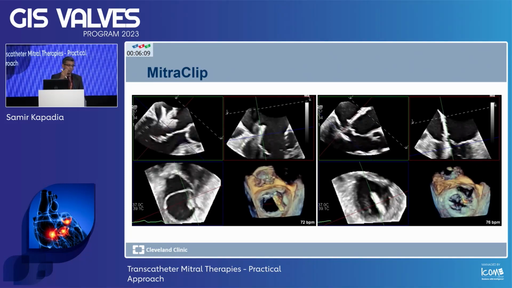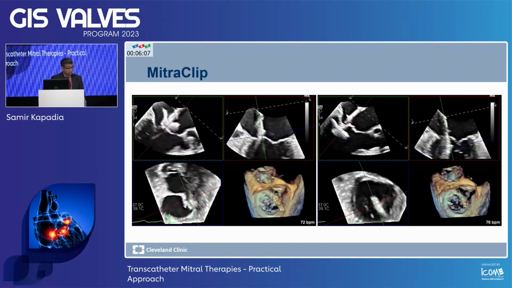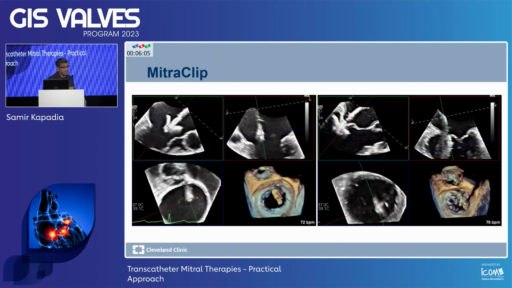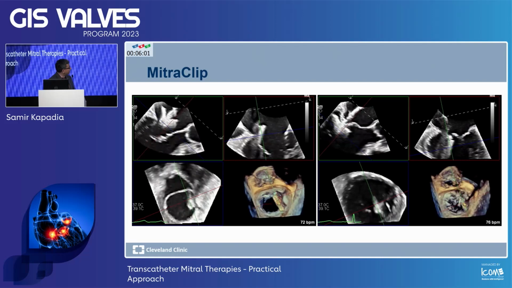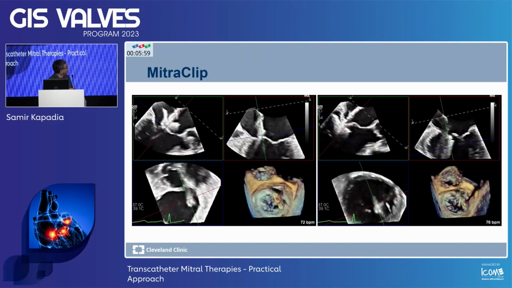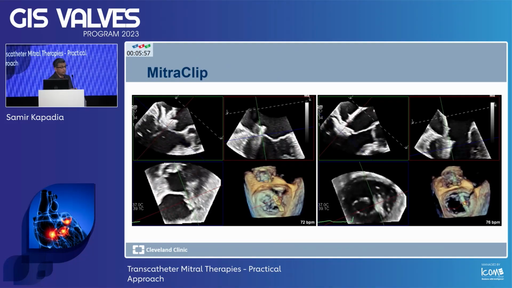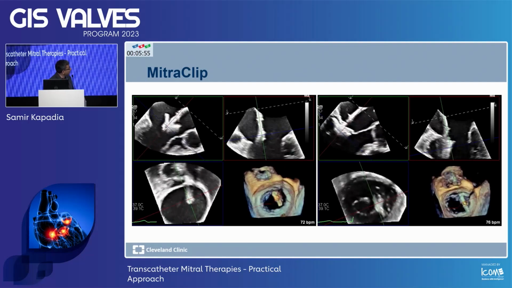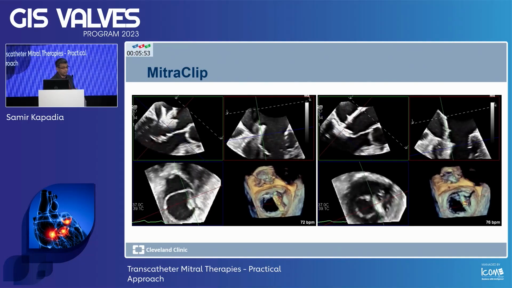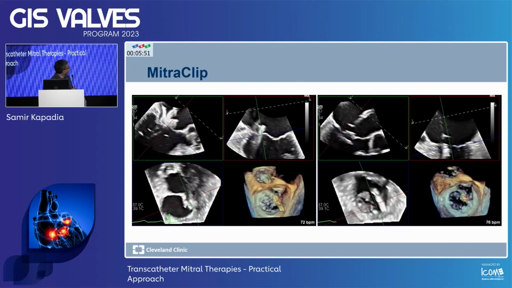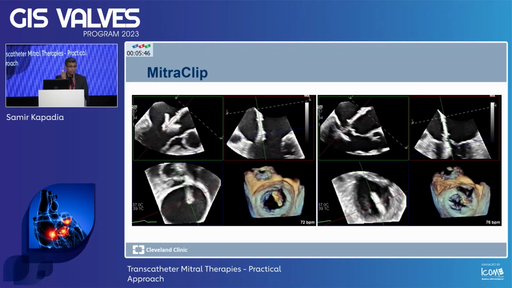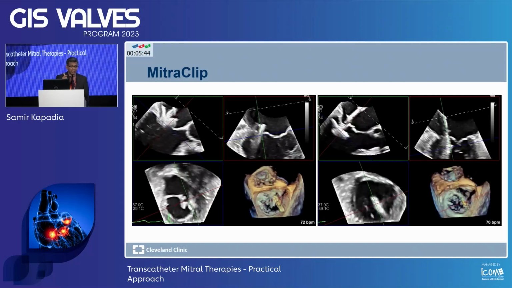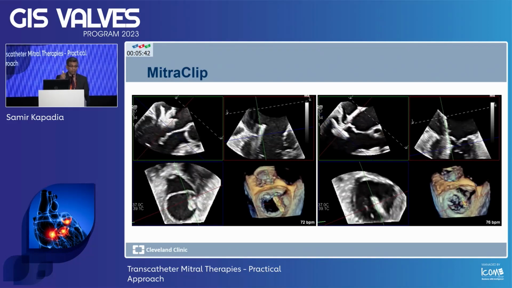So when you are going to align the MitraClip, I personally prefer this 3D MPR. You do the MPR, you align the mitral leaflet, and then you can see that you are perpendicular to the mitral valve, medial laterally and anterior posteriorly. And you see here that the anterior leaflet is flail, the anterior leaflet is going back. Anterior leaflet flail is very difficult to repair by surgery, and it is extremely easy to clip.